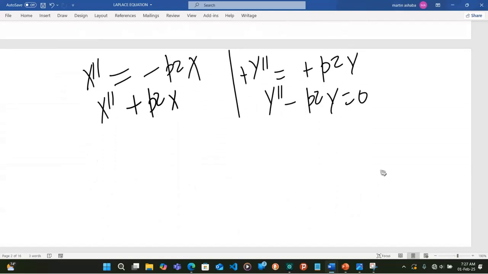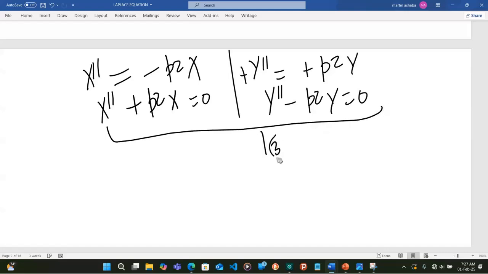So if we equate also this to 0, we'll find that maybe this is equation 3.